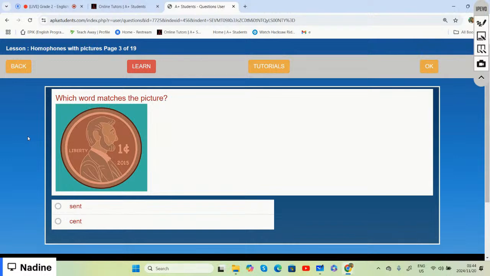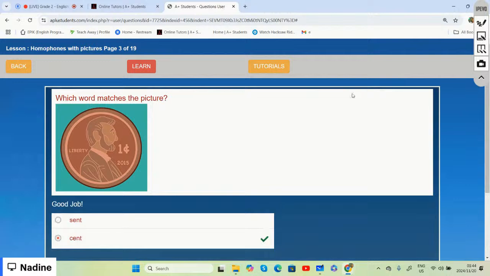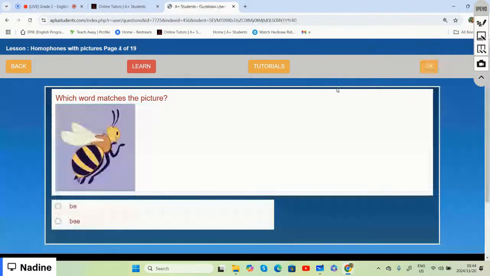And if we were to choose the correct word that matches the picture, then we will say it is scent, SENT. And scent is correct.